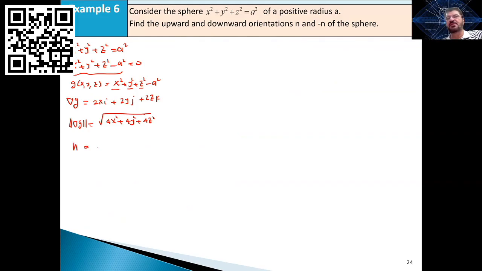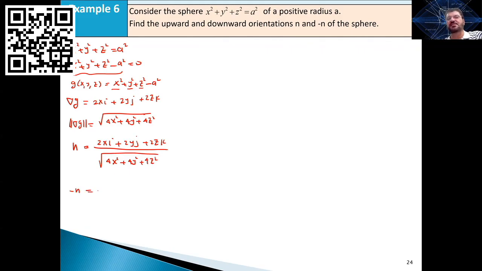n here is going to be 2x i plus 2y j plus 2z k divided by the square root of 4x squared plus 4y squared plus 4z squared.